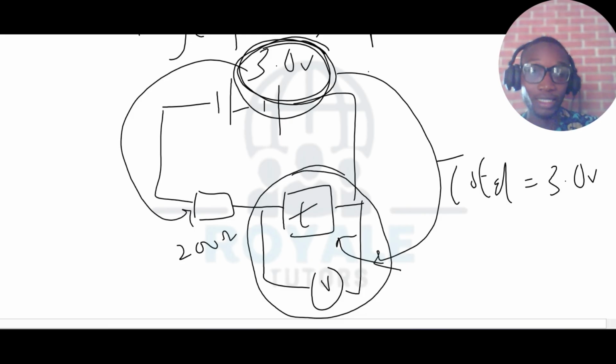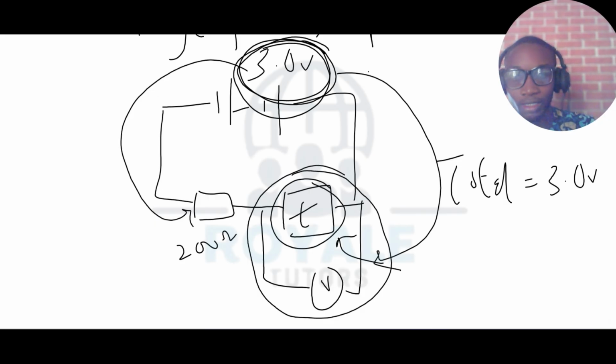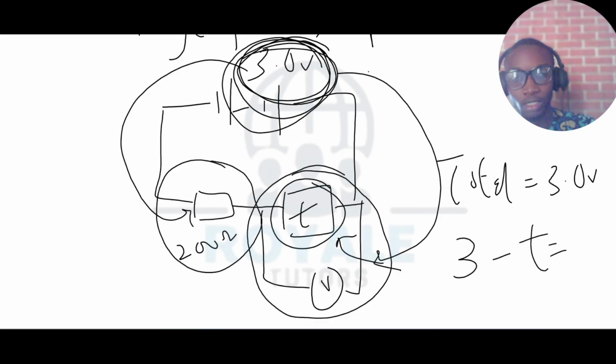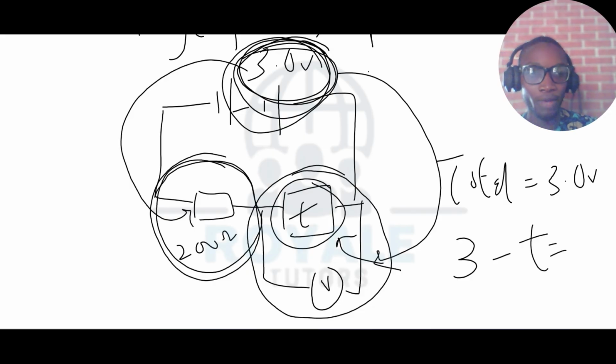Let's just say T. So that means we could say T plus the value of energy this resistor is getting would give us 3. So what does that mean? 3 minus T would give us the value of energy from the battery inside the resistor.